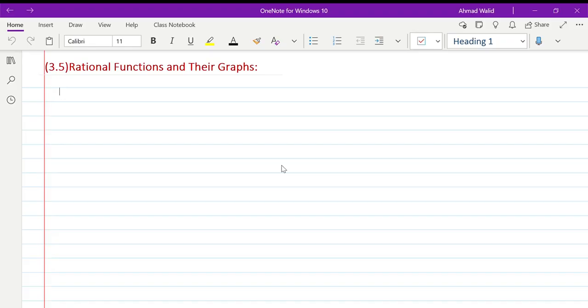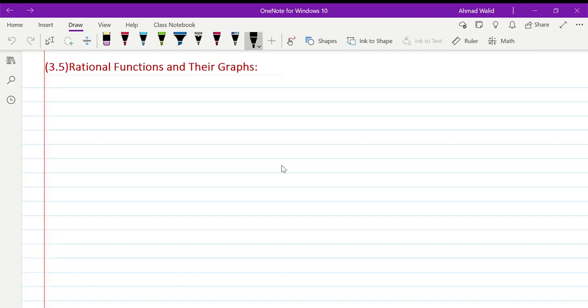In a very simple definition, any function that's in the form of f of x equals p of x over q of x, such that q of x cannot be 0, we call this function a rational function.